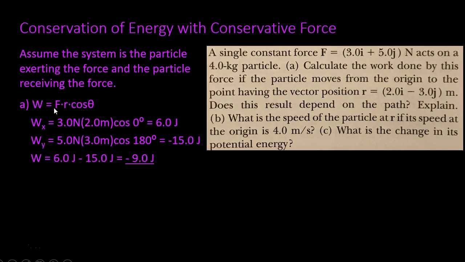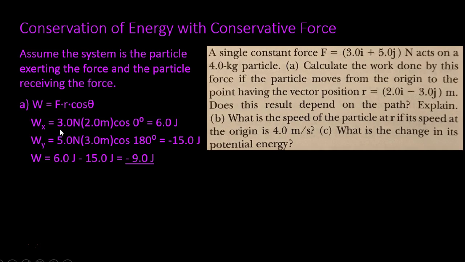So work is equal to the magnitude of the force vector times the magnitude of the displacement vector times the cosine of theta, where theta is the angle measured from the displacement vector counterclockwise to the force vector. The beauty of unit vector notation is that we can break this work into the work done by the x component of the force against the x component of the displacement, and the y component of the force and the y component of the displacement vector, and then we can just add them up to get the total work.